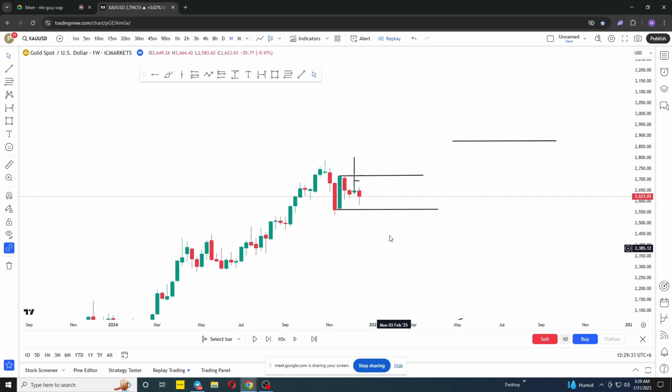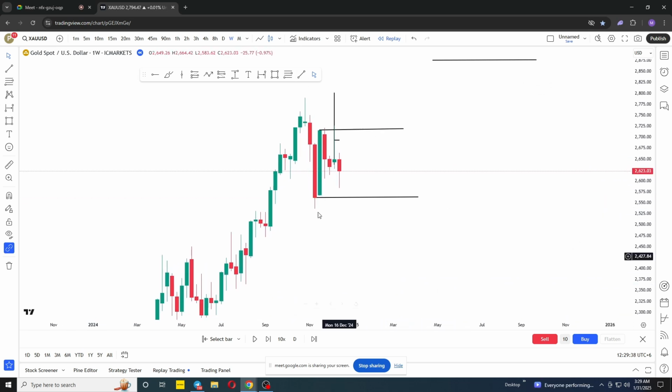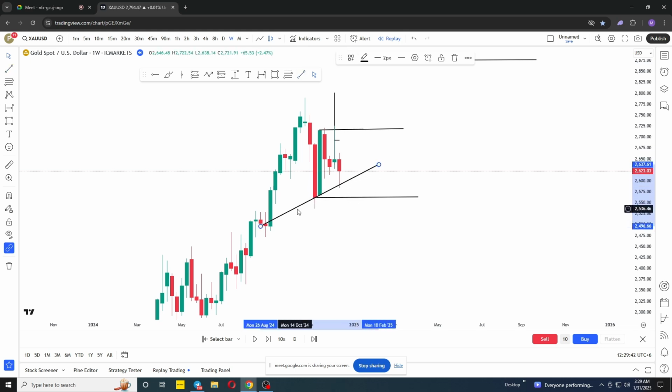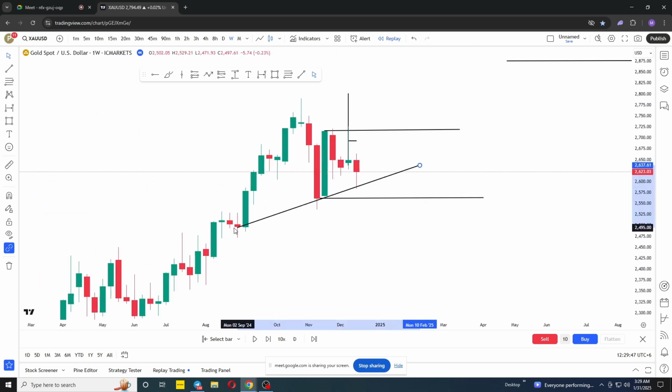Now we are waiting for it to come to this fresh level. At the same time, remember we said we have this as a fresh level, as a trend line area. The question is, in the real market we do not know whether the market is going to reject from here or not.